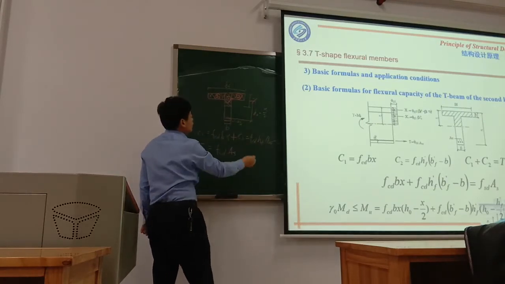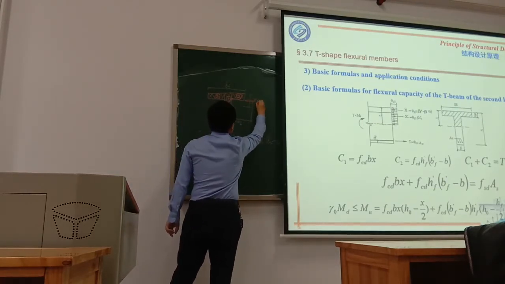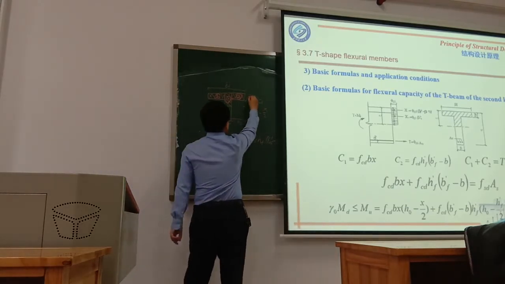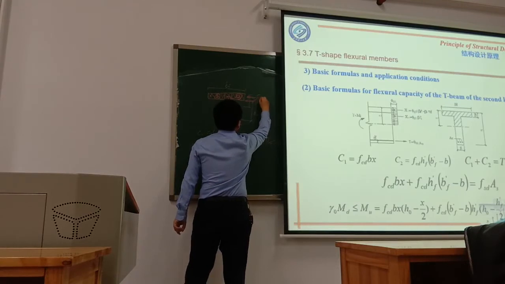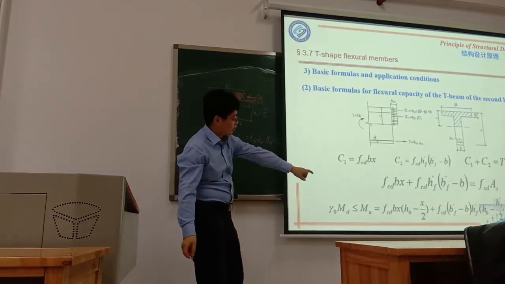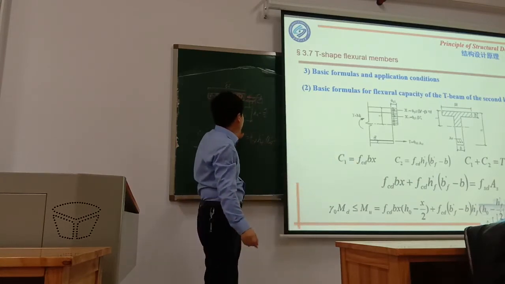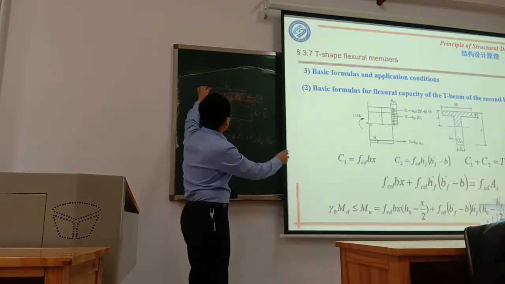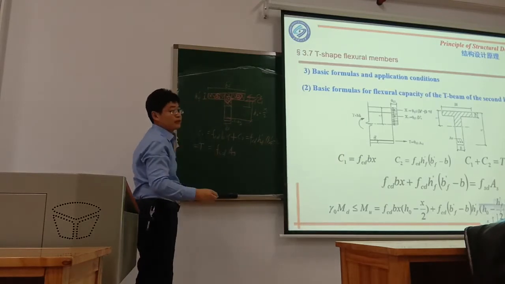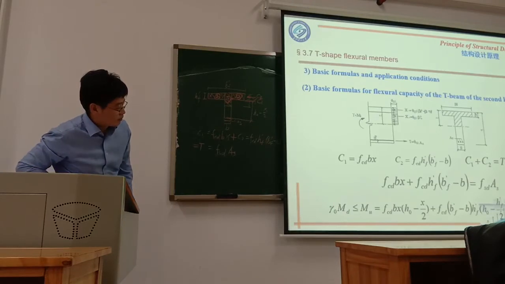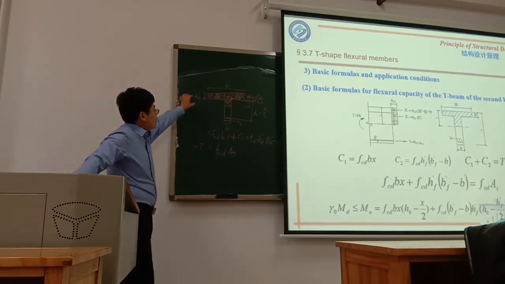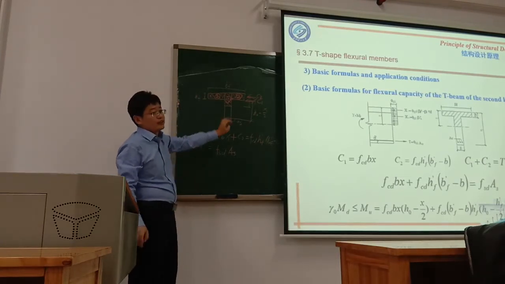This part is C1, and C2 is here. The arm of C2 is larger, H0 minus half HF prime, because HF prime is the height of the flange.